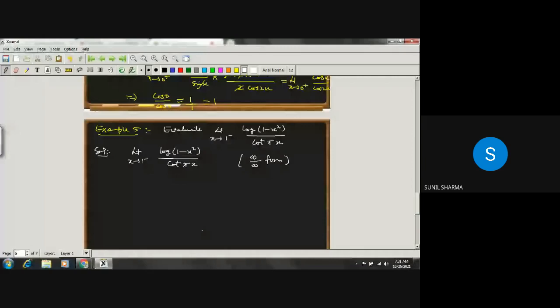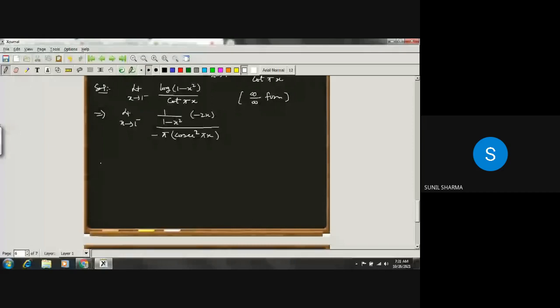What do we do? We apply the L'Hopital rule and we differentiate this. So tell me what is the derivative of this? 1 over 1 minus x square into minus 2x over minus cosecant square pi x into pi. Minus. So I can write minus pi into cosecant square pi x. Very good. Okay. So it implies limit x goes to 1 negative.